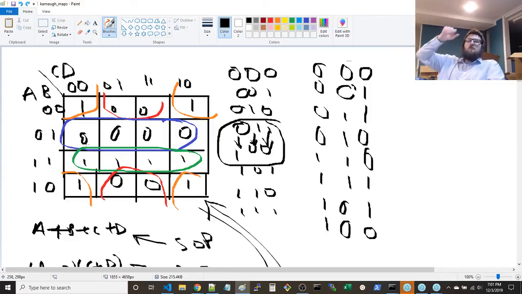It could be vertical, horizontal, could be rectangular even, but it's got to be a power of 2, and it's in such a way that you can eliminate one of these variables, because that's really what you're going for: you're trying to eliminate as many variables as you can, as broadly as you can, to get the simplified version of this function.